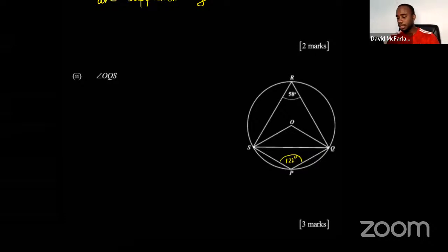So talk to me now. What is angle OQS? What theorem do you see jumping out at you? Which one are you going to use? First, we know OQS, put it in green, is right here. So how are you going to figure that one out?